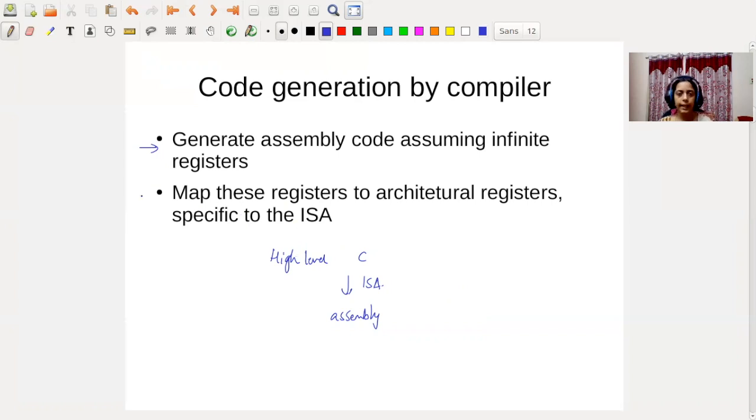And then finally in the second step, it maps these registers to the architectural registers available with the ISA. So if you have R1 up to R32 or X0 to X31, it is going to map these registers, which it initially assumed as infinite, into these architectural registers, which are specific to the ISA. So these are the 2 steps followed by the compiler.